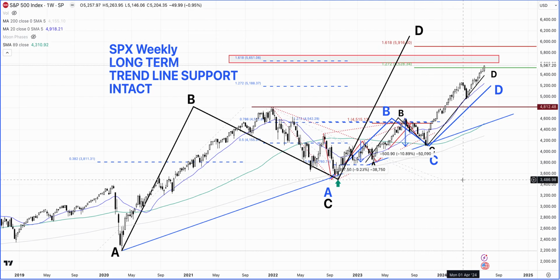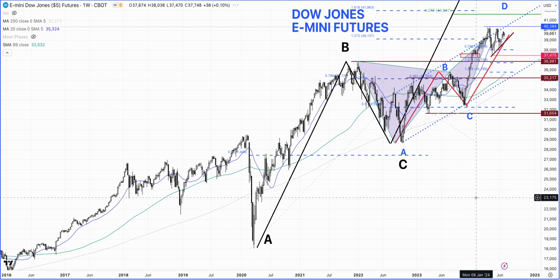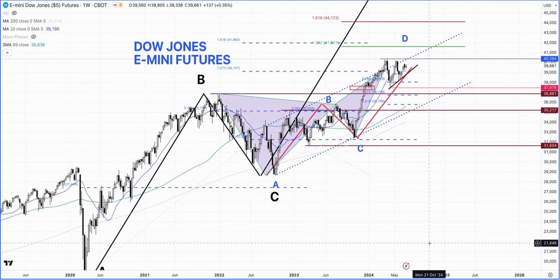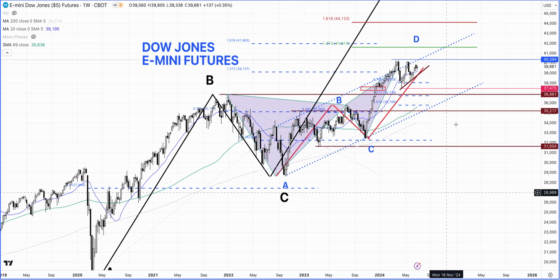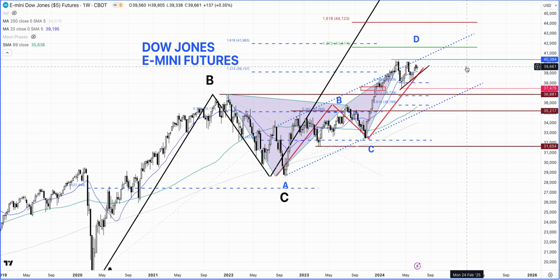Now let's actually do a quick one for the Dow Jones E-mini futures. Here, in my opinion, what is likely to happen is this market has held this support level around here. Maybe it wants to also go a little bit higher and complete this 1.618 expansion of this BC swing.